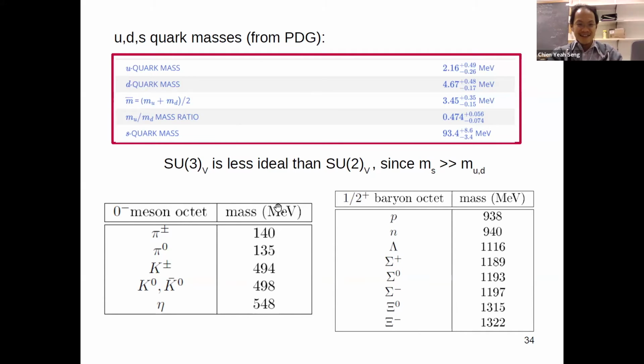The mass difference in the pseudoscalar meson octet actually shows a lot of difference, but this is not due to the fact that the SU3 symmetry is useless, but it's due to the smallness of the absolute mass of these pseudoscalar octet, as I will explain. And you can see from the baryon octet that although there is still some mass difference, the difference is not as severe as this one.